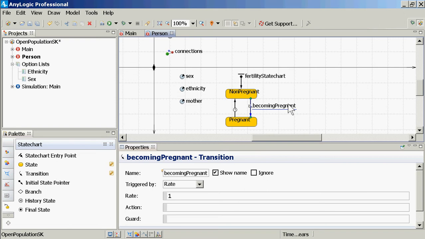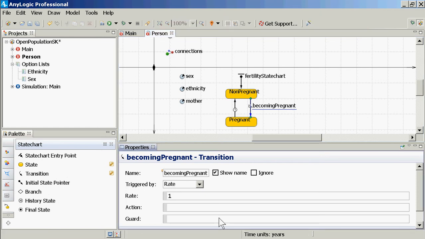There's this thing called guard here, and that imposes a condition. In order for this transition to fire, this condition has to be true. And ladies and gentlemen, the condition here is going to be that sex equals what? Yeah, sex dot female. That's going to be the condition that it's going to check.